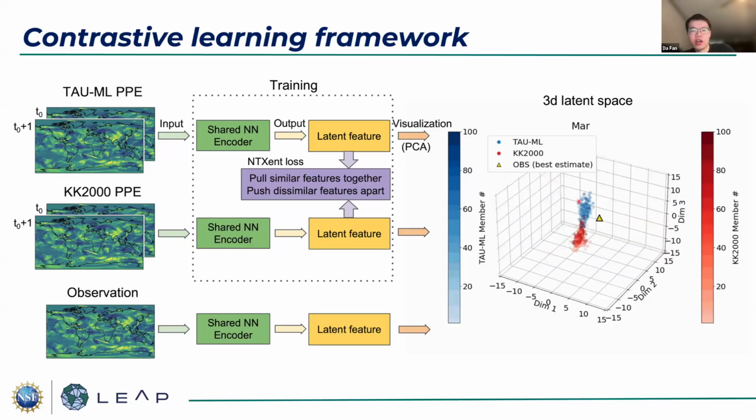You can see that tau-ML PPE and KK2000 PPE form 2 well-separated clusters, while the observation, which is the yellow triangle, is generally closer to the tau-ML, and these latent features rotate clockwise in this 3-dimensional space, showing seasonal variability. And we also found a strong correlation between this rotation and the ENSO index.